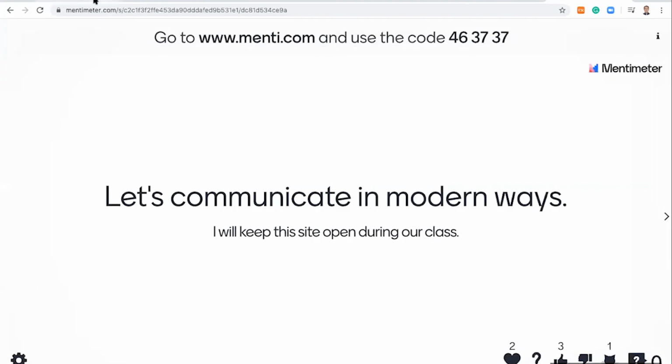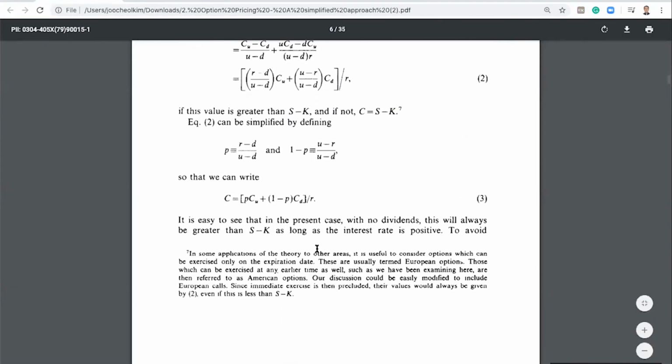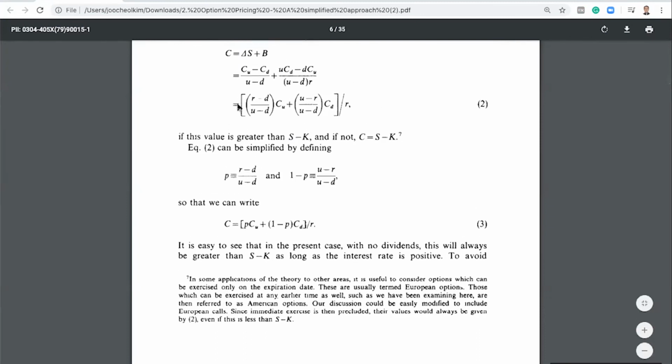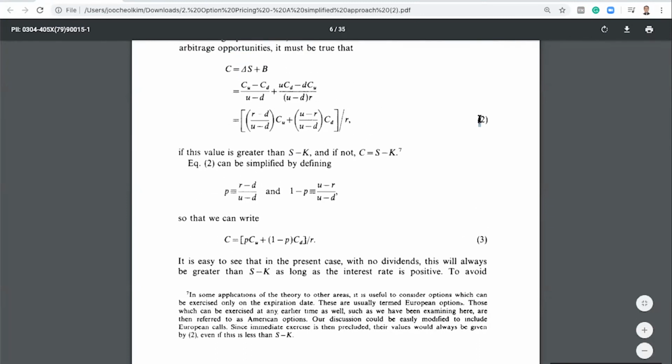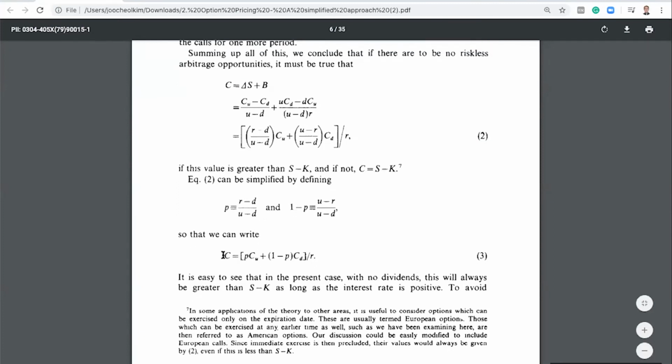And I'm going to go back to the paper again. This formula 2 just calculates the delta and B. So it's one times B. And then plugging in these numbers, you get this formula. And this formula can be interpreted as this one.